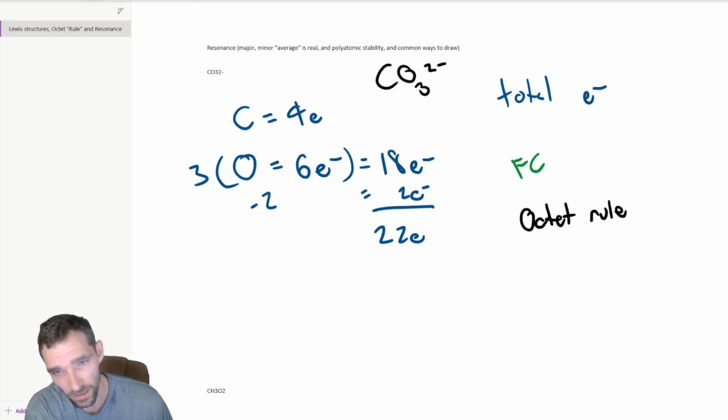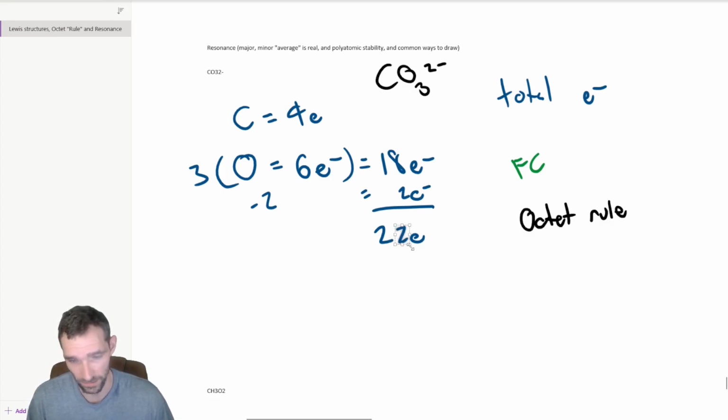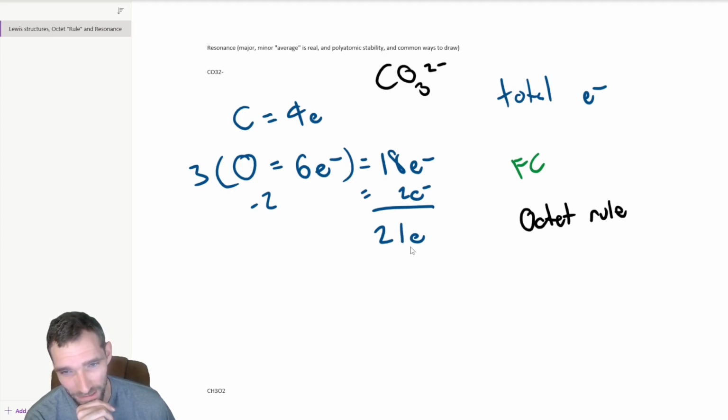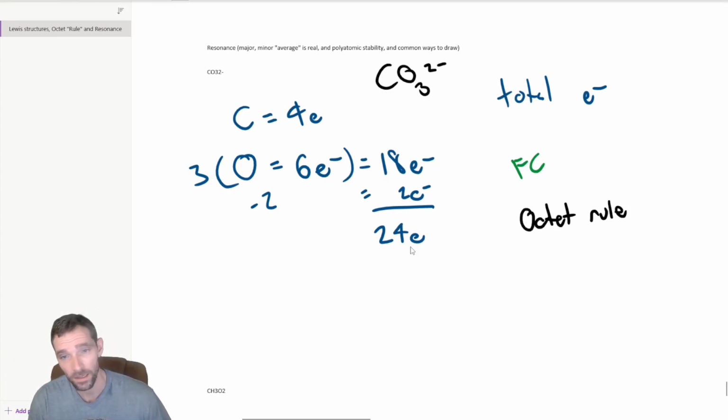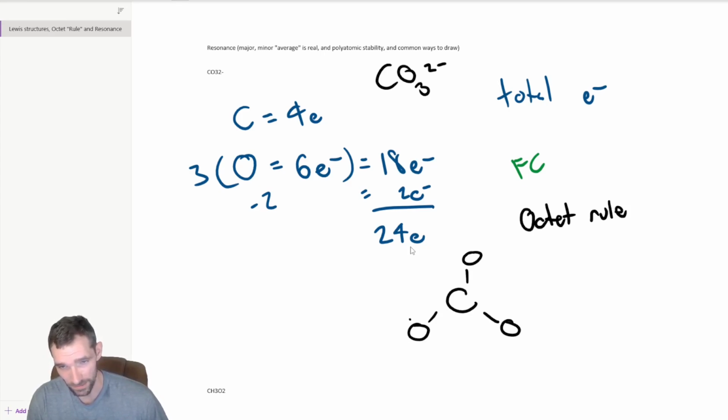So there's 2 more electrons that are being added to this. So we actually have 24 electrons, not 22 electrons. See, that's why it's important to take the time to actually write this out and think about the charge and how it adds up to the total number of electrons.